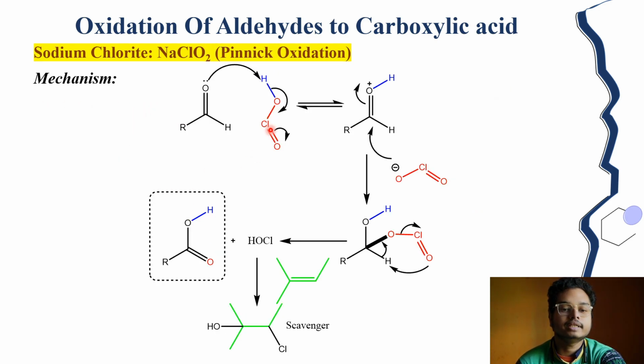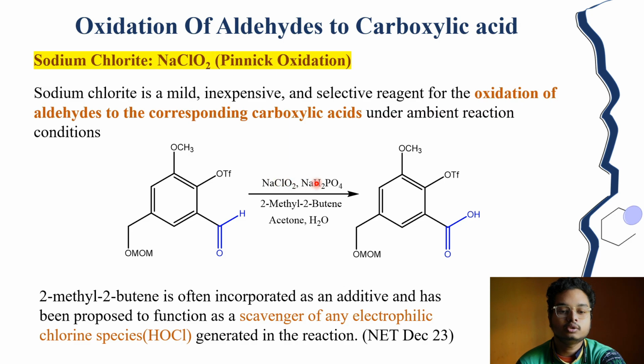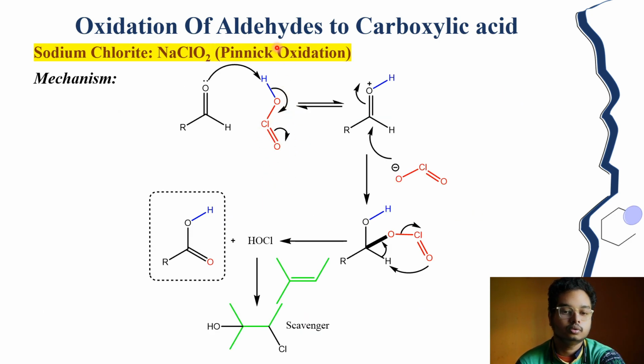The mechanism is that initially these two combine to generate HClO2, and then the lone pair of the aldehyde oxygen captures this proton, and it generates this species, which acts as a nucleophile. Here the electrophilicity of the carbon center is increased, so this negative center attacks here, and this bond goes apart to remove the positive charge from the oxygen.